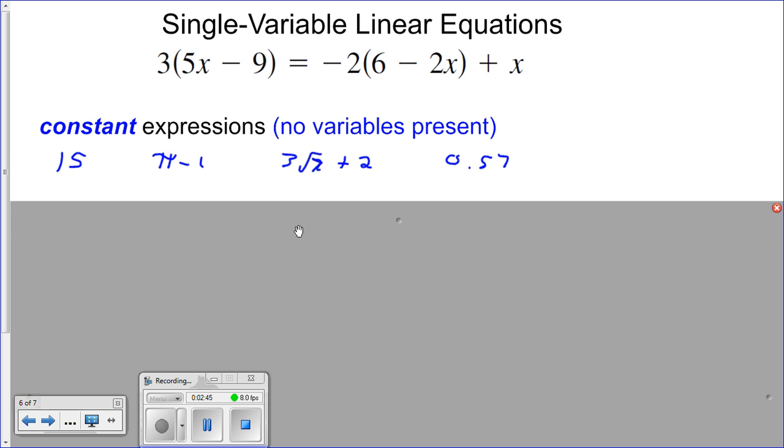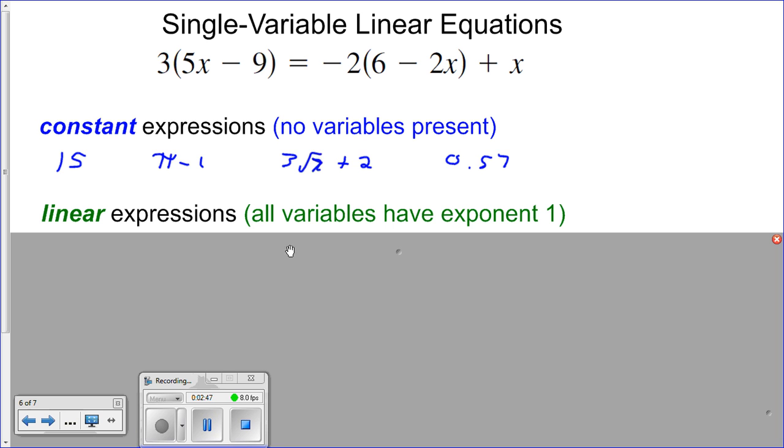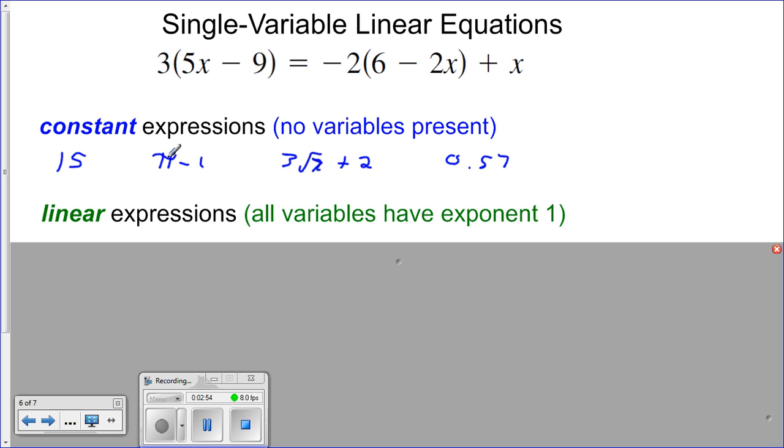Now, a linear expression is quite simply an expression where all variables in the expression have an exponent of 1 on them.